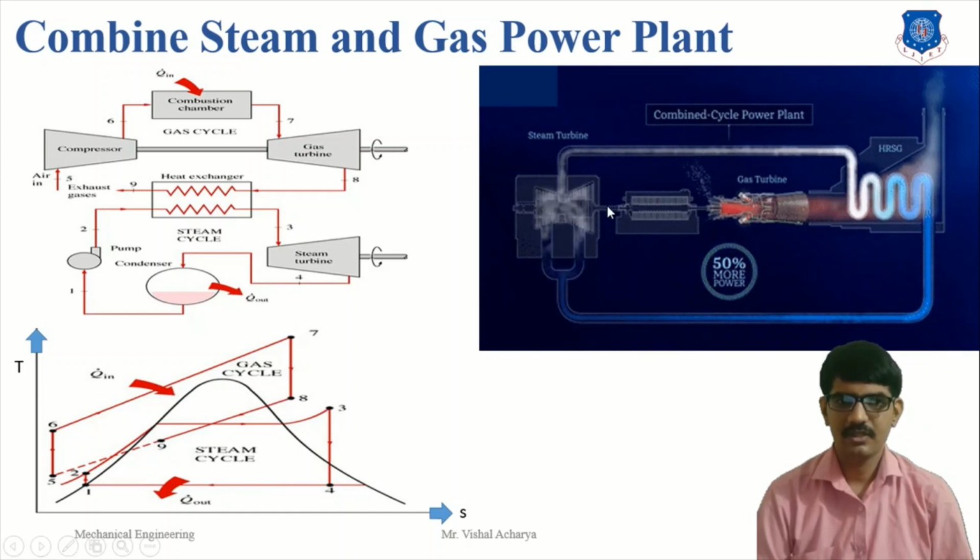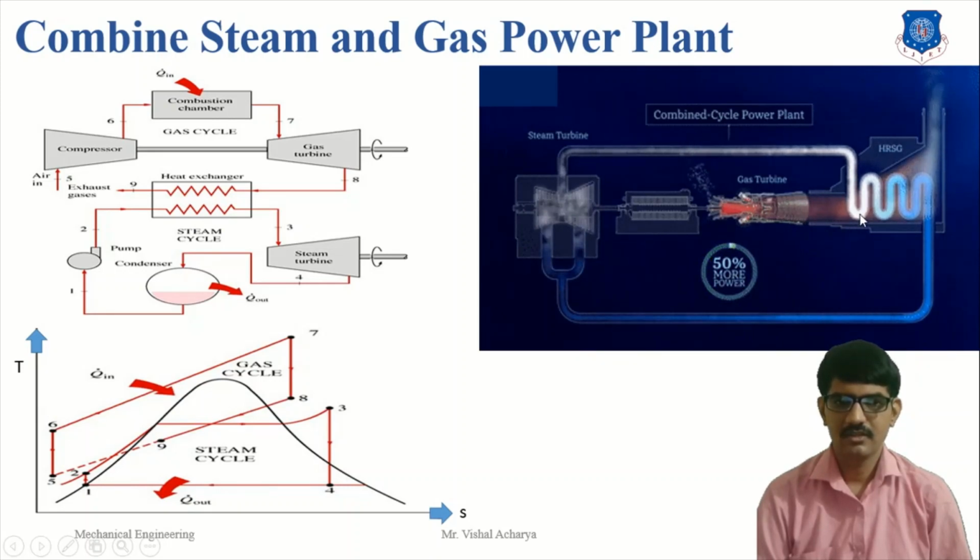This is another part of the combined cycle gas power plant. Air enters the compressor. In the combustion chamber, the fuel is supplied and produces hot gases, which are transferred to the turbine, produce work, and transfer it to the mechanical device.